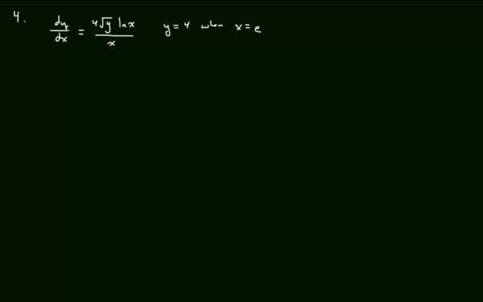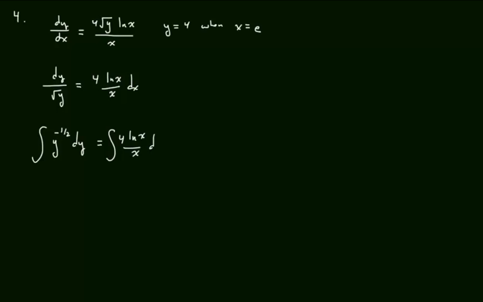Okay, I'm going to separate the variables. dy over the square root of y equals 4 natural log of x over x dx. I'm going to integrate y to the negative 1/2 dy equals the integral of natural log of x over x dx.